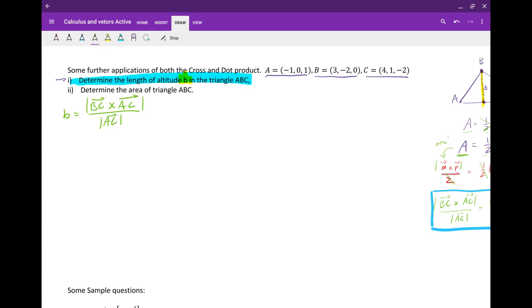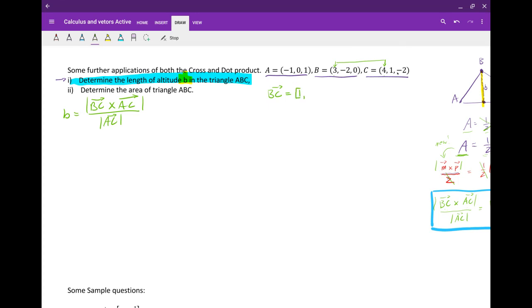Now, in order to get these things, I first need vector BC. Well, we remember from the past, the vector between 2 points: you would take the second coordinate and subtract the first. So I'm going to go 4 minus 3, so I'm going to get a 1.